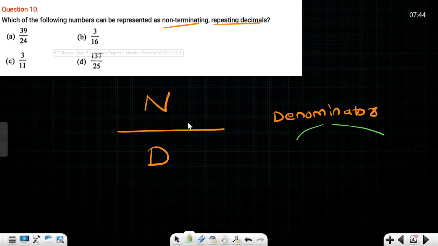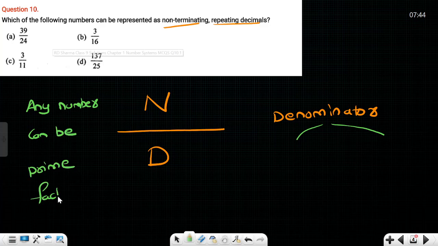Any number can be prime factorized. So what are prime numbers? You have 2, 3, 5, 7, 11, 13 and so on. Among all the prime numbers, only 2 is an even number.